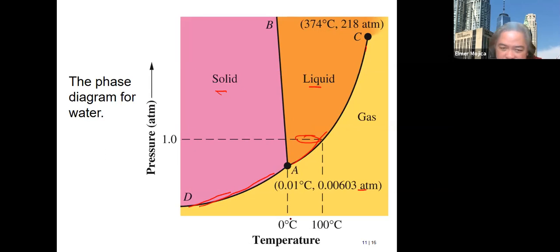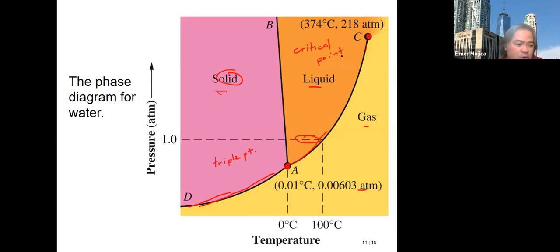But if you lower the temperature, it will become solid at 0 degrees Celsius. And if you increase the temperature, it will become gas. And you also have this point that we could call the triple point, because that's where the three physical states exist.